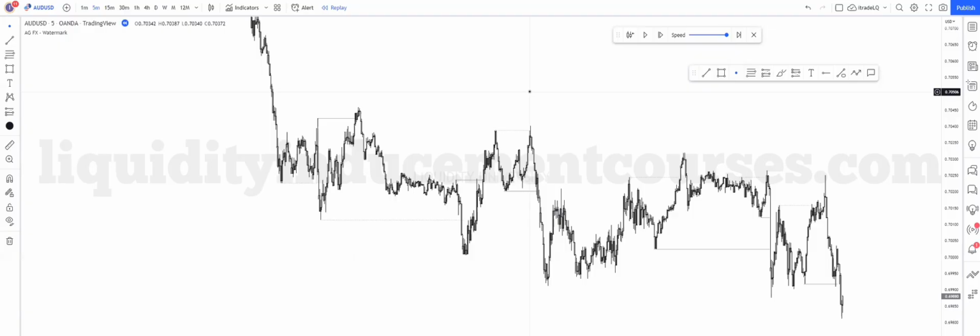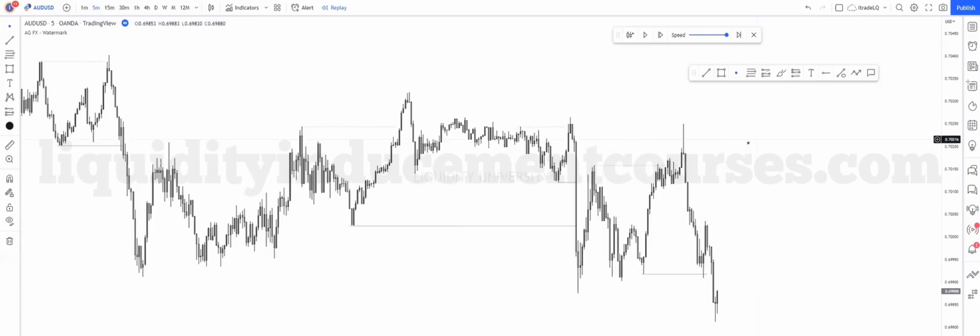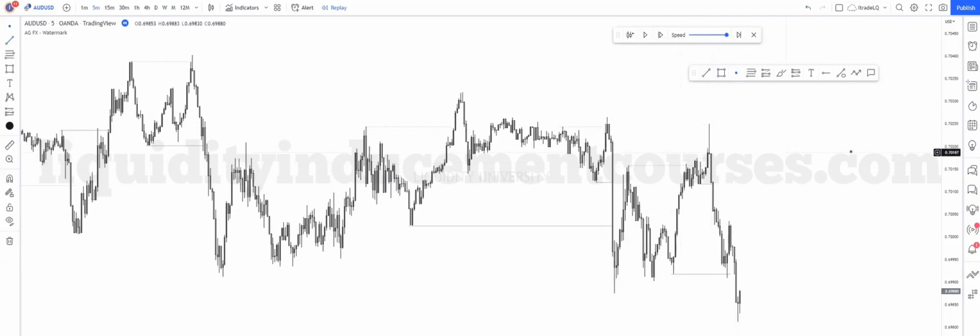So this is how it looks on the 5 minute. And let's see if we can find any patterns in the 5 minute here. Yes, we can. Here's one. Here's another one right here. All right, that was inside of the bigger one. All right, let's start marking up some strong lows. There's a strong low right here.